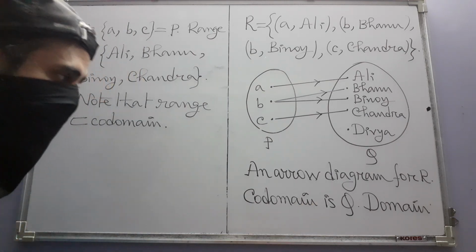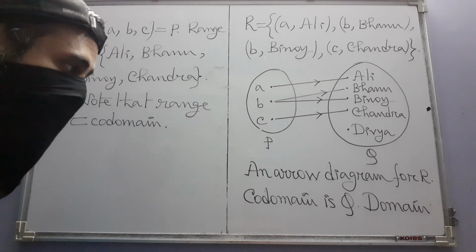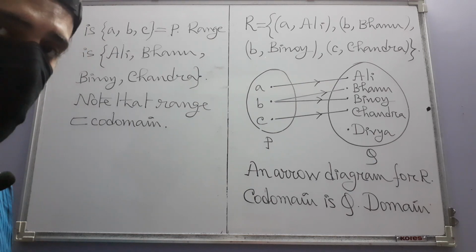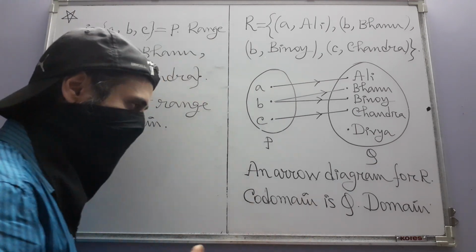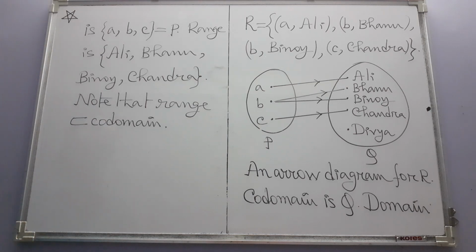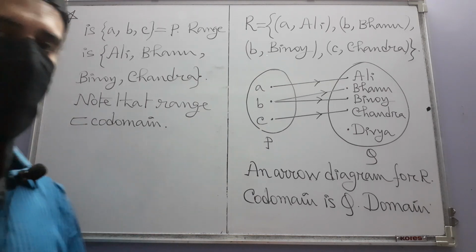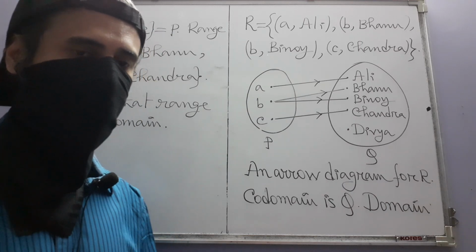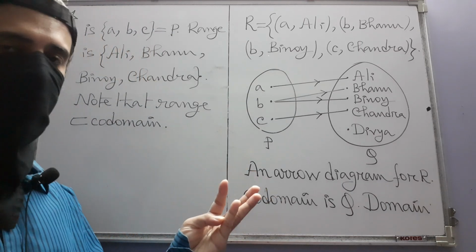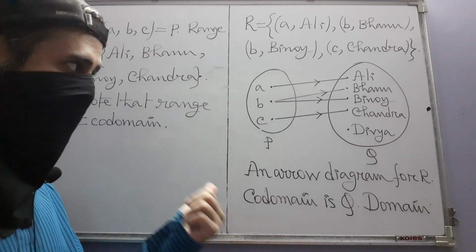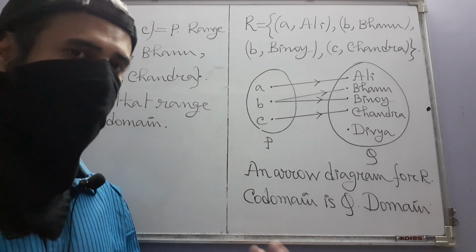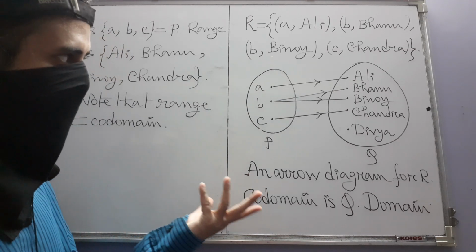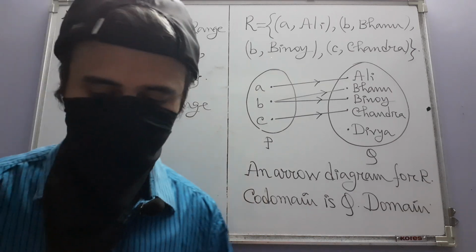You should write like this: the codomain of R is Q. Okay, if you really want to write, that's how you should write. But I'm not really caring about grammar right now. So, in this one relation, at least we have understood domain, range, codomain. We have also seen that this is how we can pictorially represent a relation as a picture, as a diagram.